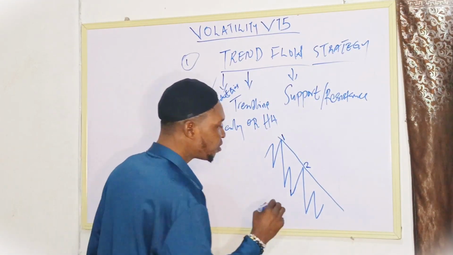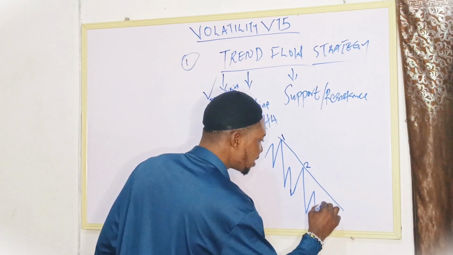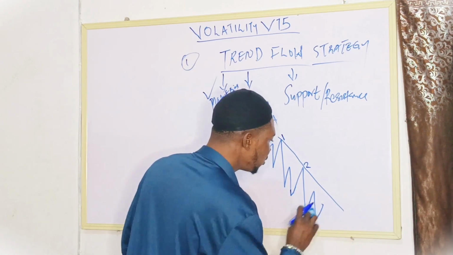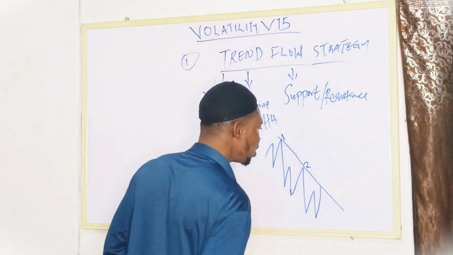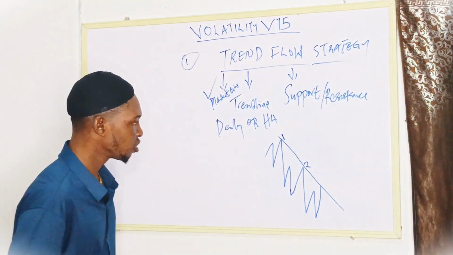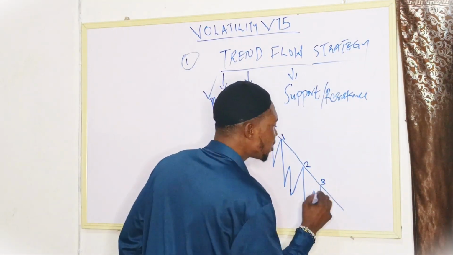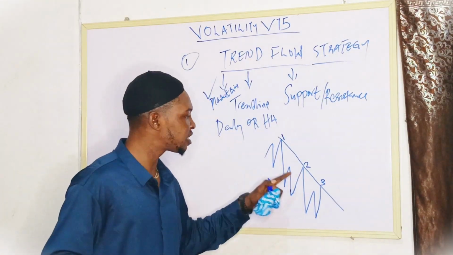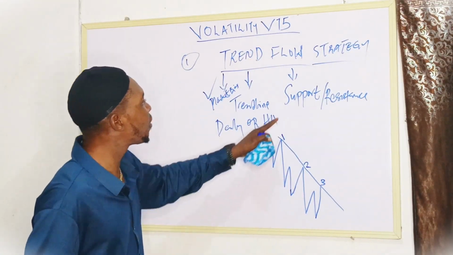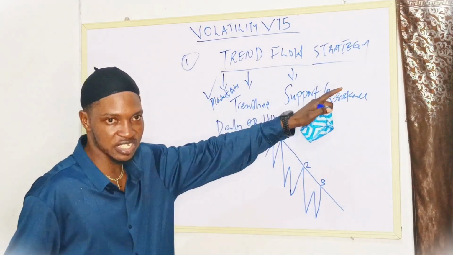So you have to be very, very patient, irrespective of what the market is doing, until the market gives this retracement to this point for the third touch, right? So this is the third touch. Now, when the market makes this third touch, that doesn't mean you should start selling, right? You need to apply support or resistance.